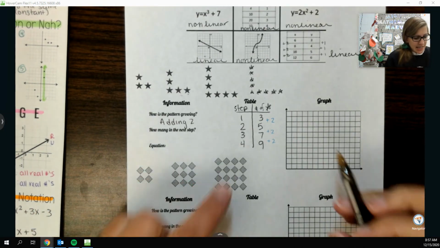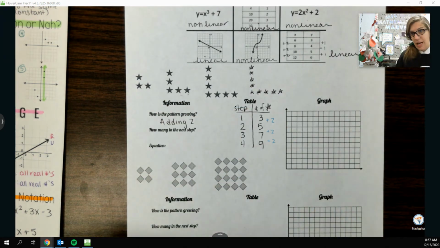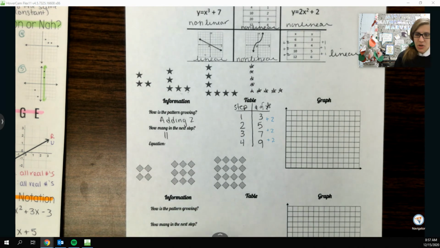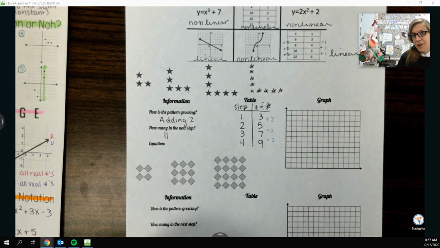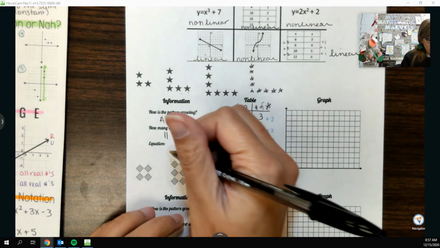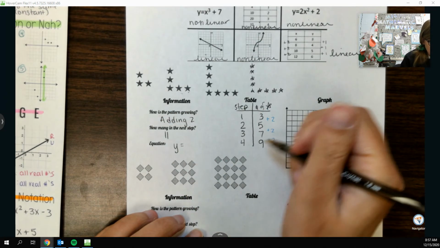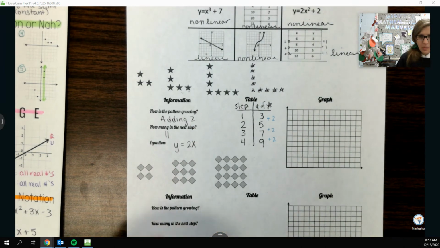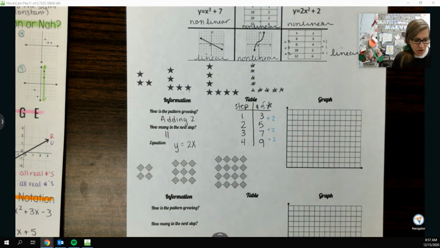So how many in the next step? Well, the next step that I drew there are 9, but if I want to go one more, that would be 11. And so to write the equation, whatever number you're adding over and over and over again gets multiplied to x because we are linear. So it'd be 2x because we're adding 2 each time.